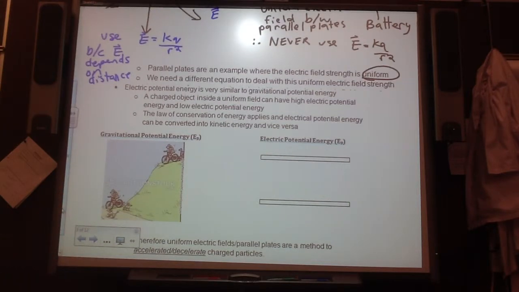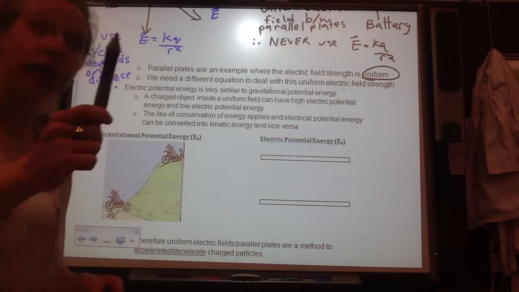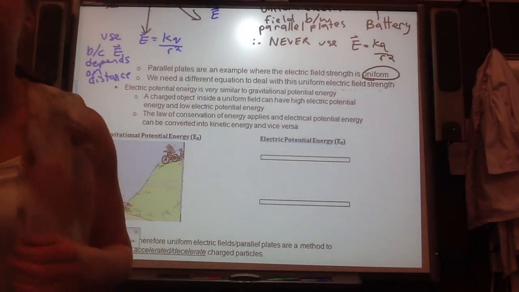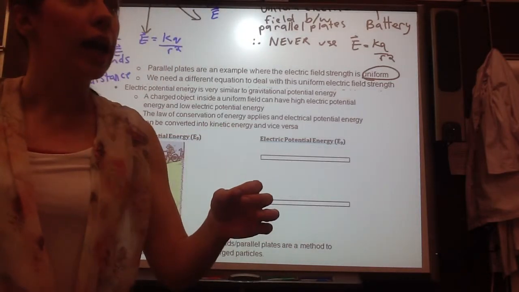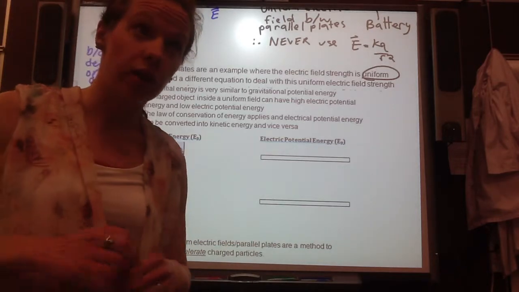A charged object inside a uniform field can have high electrical potential energy and low electrical potential energy. The law of conservation of energy applies, and electrical potential energy can be converted into kinetic, just as you said, because the balloon would be moving and its kinetic energy would be increasing.